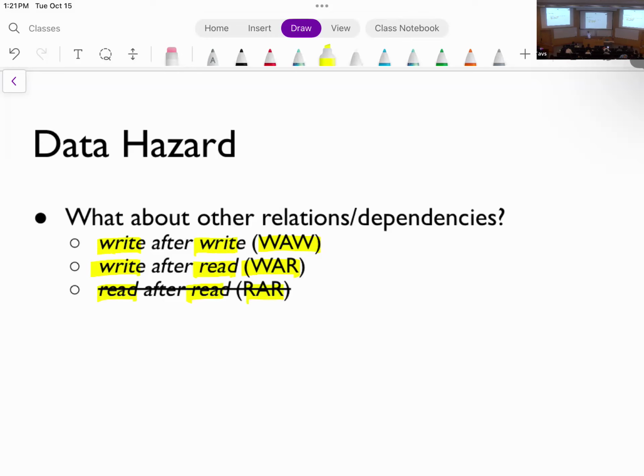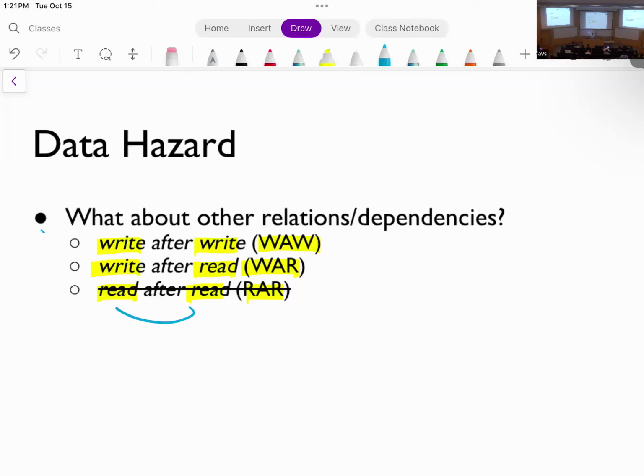So these are the 3 other ones. Another question is, do we have data hazards in these 3? The easiest one is the last one. If I have read after read, obviously I don't have any problem because I'm not updating any value. I keep reading these values, so there is no data hazard there, because no matter when I read it, I always read the same value over and over again.